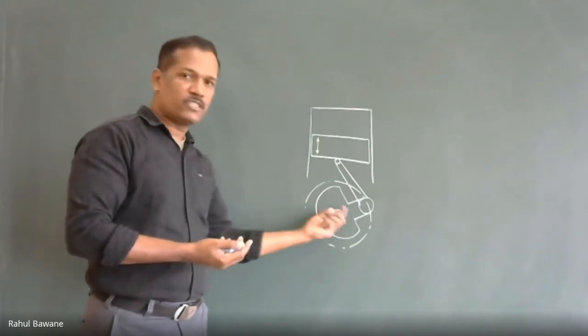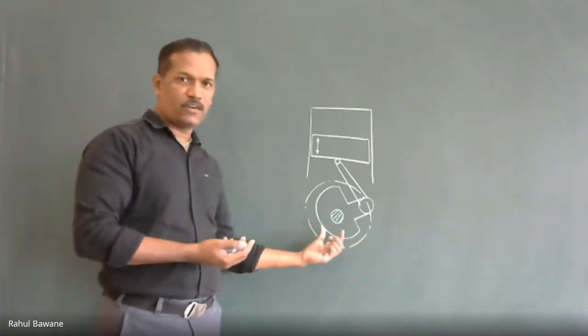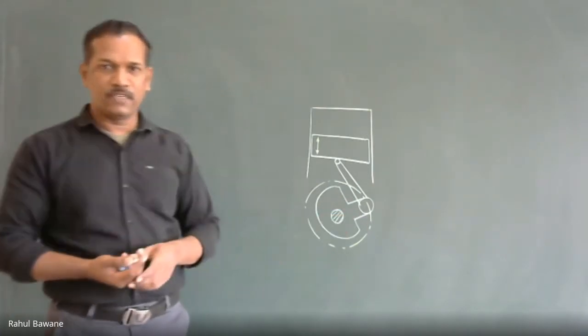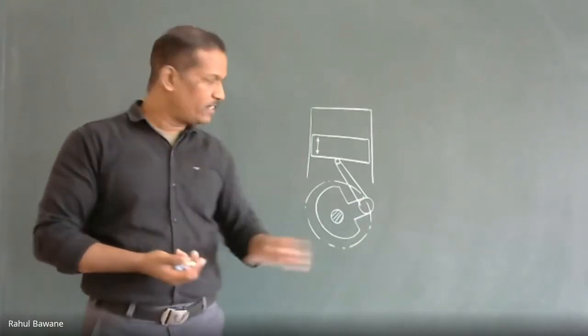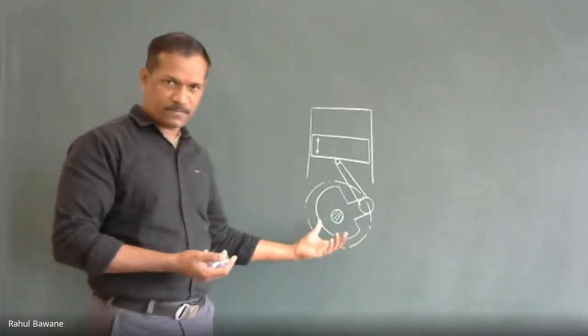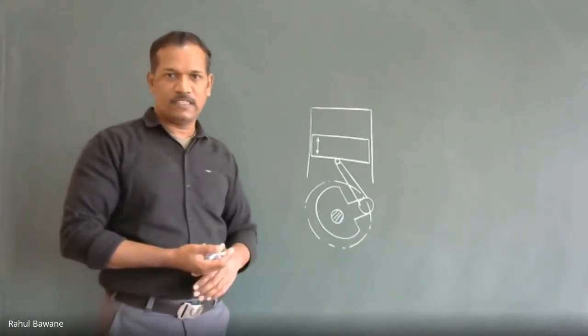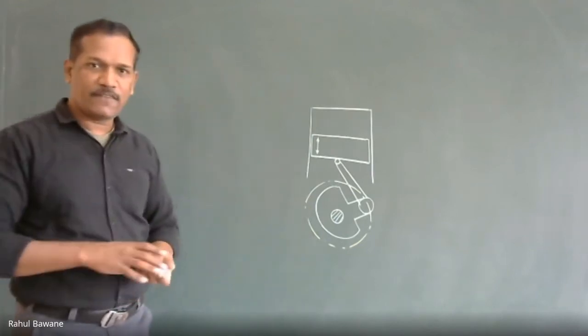And this rotary motion is available for doing work at the output shaft. The output shaft is connected to your wheel with the help of a propeller shaft, and then your wheel starts rotating and your vehicle will move ahead, that means forward or in reverse direction also. So this is the basic structure of an IC engine.